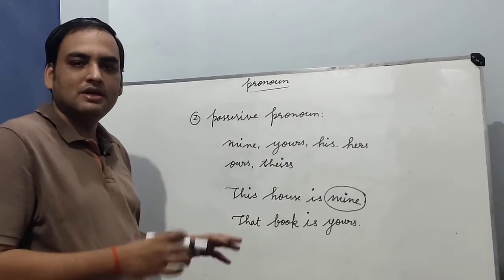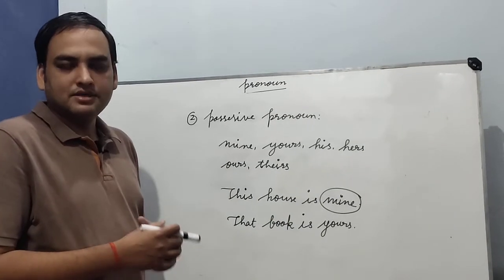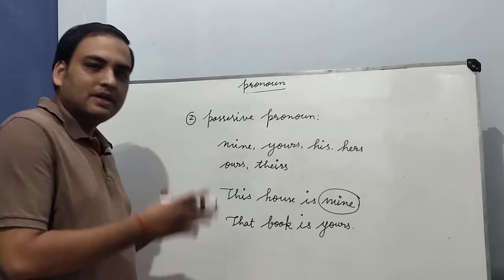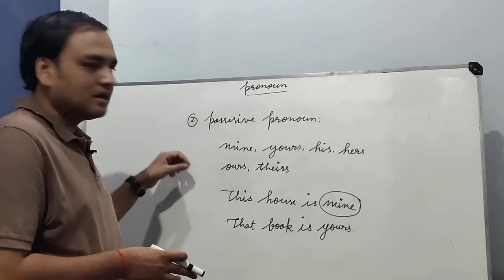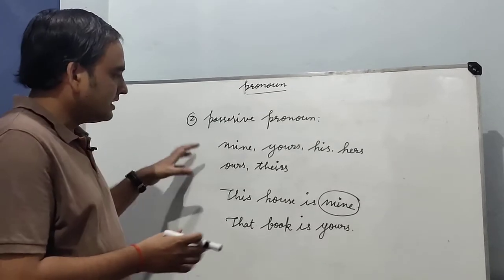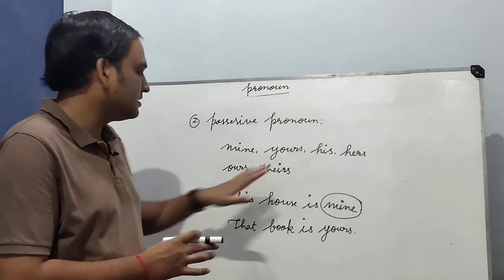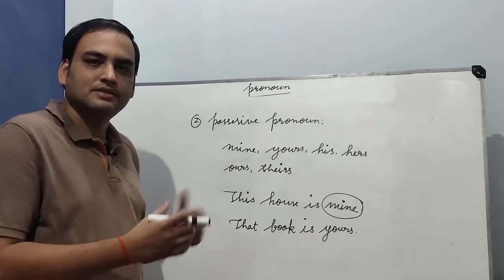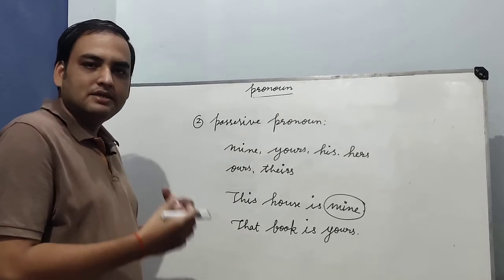I am only using two sentences to give my explanation, and whenever I make a separate video to explain these one by one, then I will explain all the types like mine, yours, his, hers, ours, theirs in sentences. Okay, at that time we will understand it in a detailed manner.